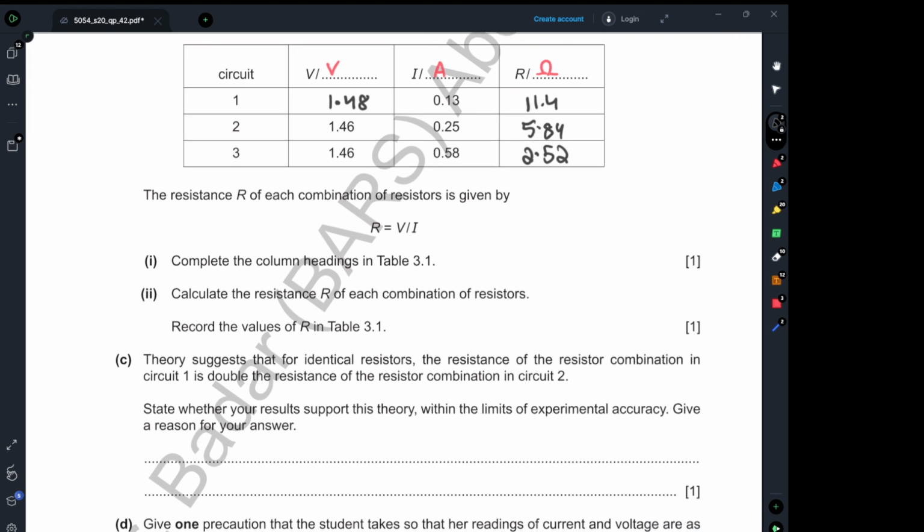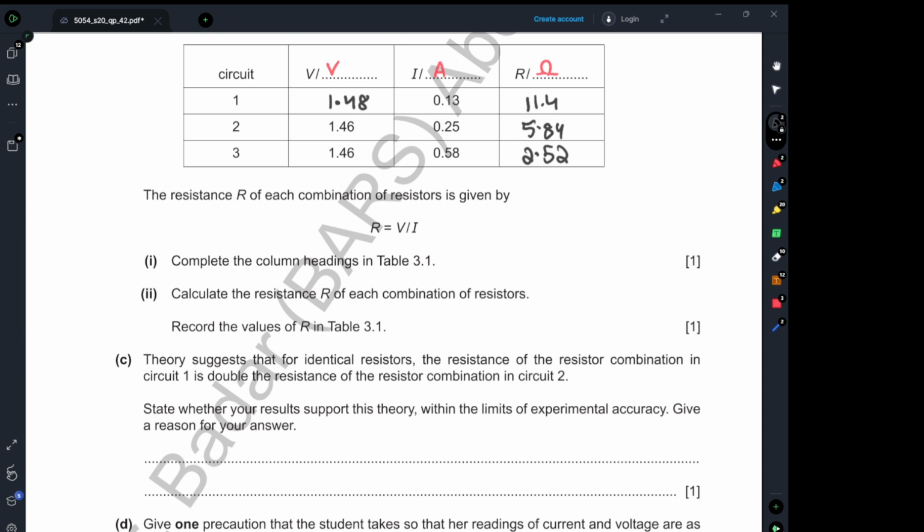Alright, so part C says theory suggests that for identical resistors, the resistance of the resistor combination in circuit 1 is double the resistance of the resistor combination in circuit 2. State whether your results support this theory within the limits of experimental accuracy. Give a reason for your answer. So I guess yeah, definitely. ठीक है, हम कह सकते हैं कि yes, within limits it should be.